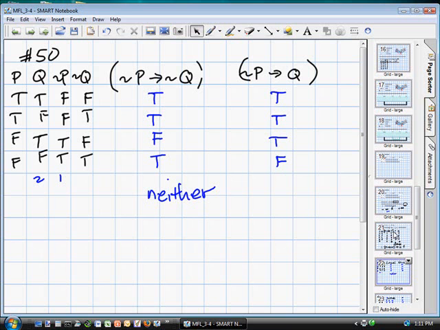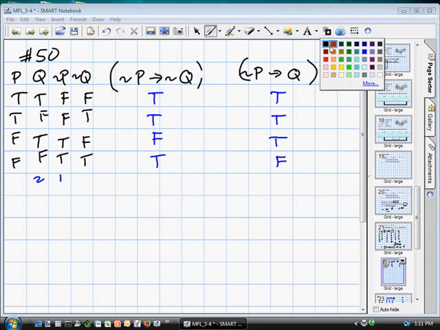Now, could it be that this one implies that one? Well, the only way to find out is to do an if-then. So, let me start doing that. I'm going to get this out of there. And let's change this all so it's blue. Okay. So, here's what we're going to do.